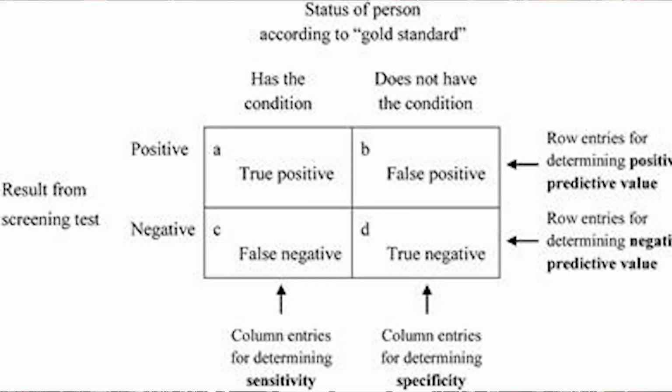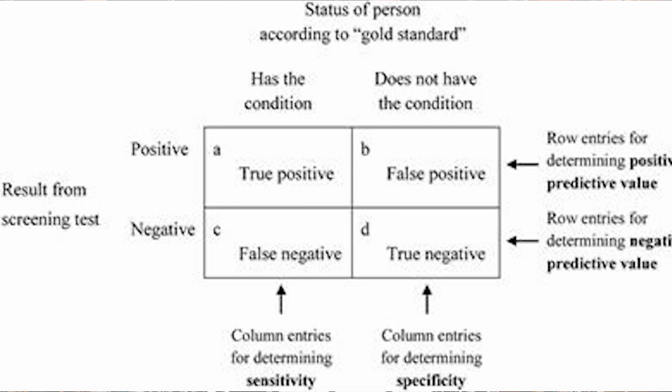Validity can simply be defined as the ability to differentiate those who have disease from those who do not have disease. On the basis of validity, we can understand the screening test. Please have a look at this 2x2 table: reference standard and screening test results.